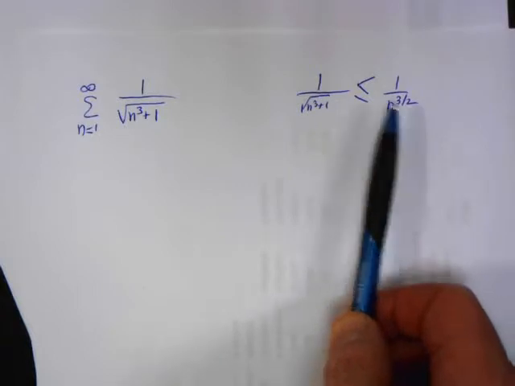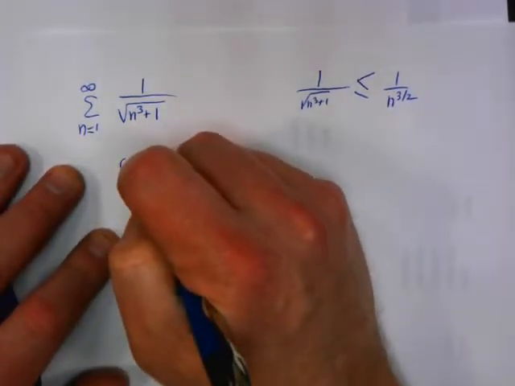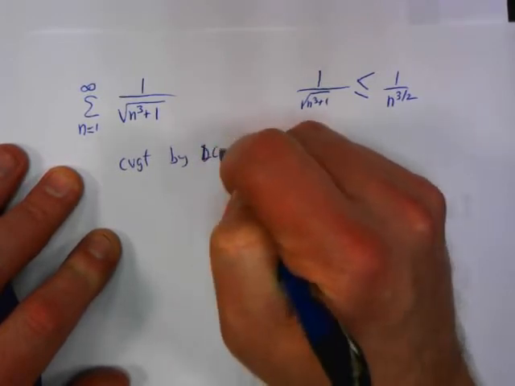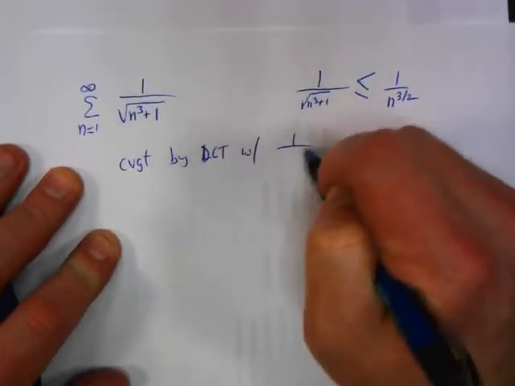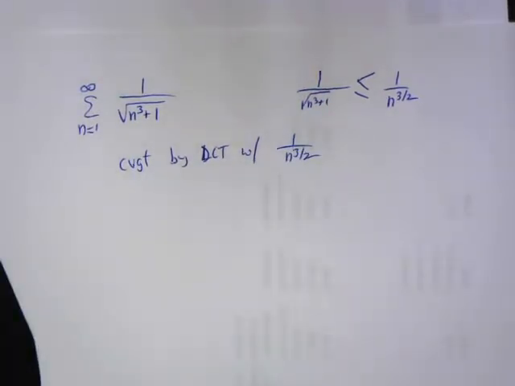So when you're going for convergent, you want the less than sign. When you're going for divergent, you want the greater than sign. So again, my answer would be convergent by direct comparison test with 1 over n to the 3/2. Questions on that?